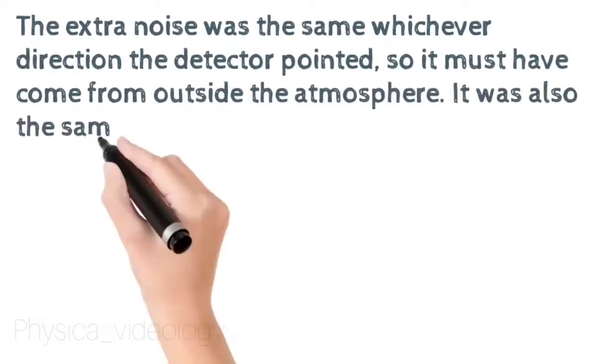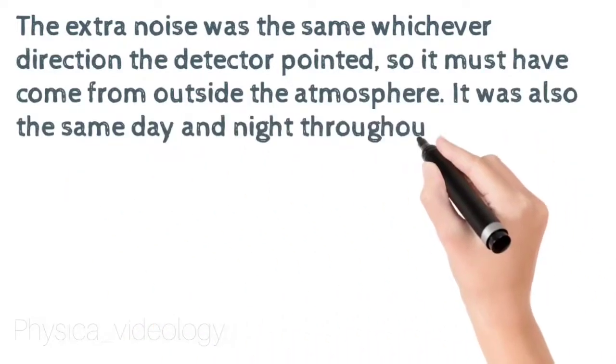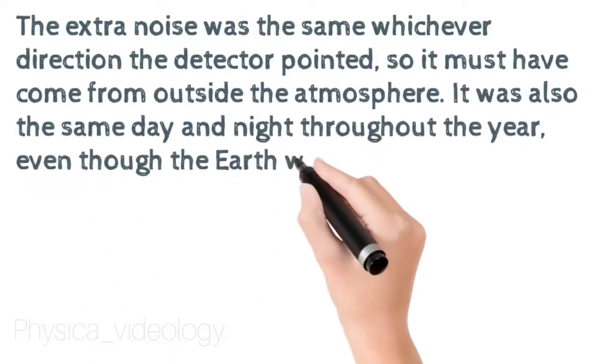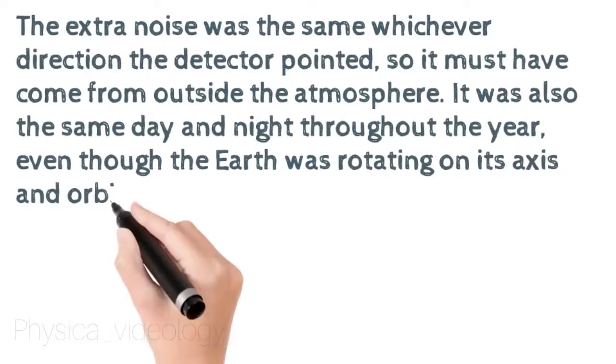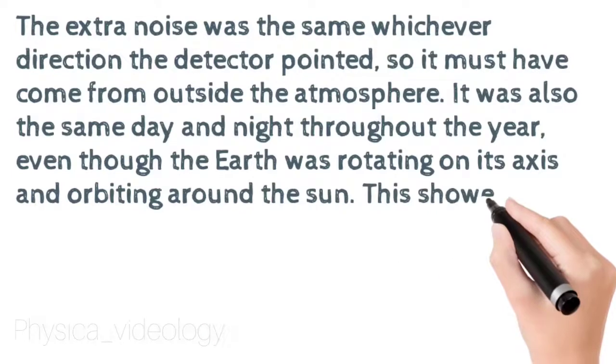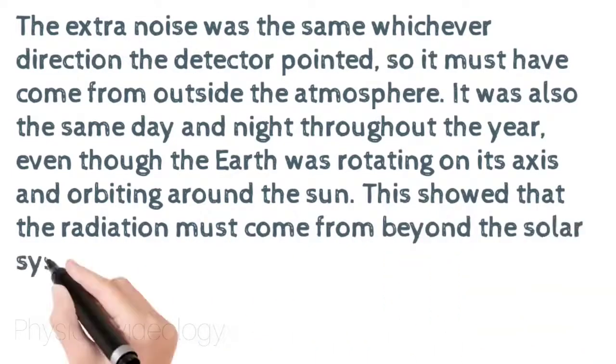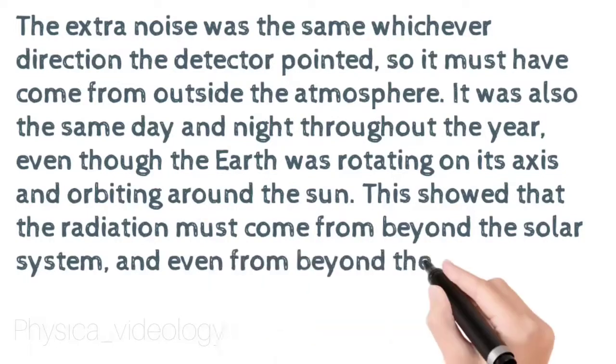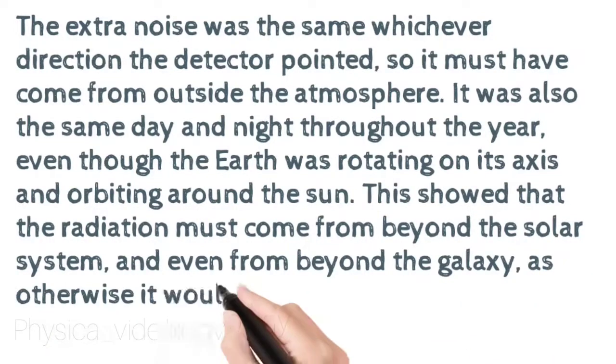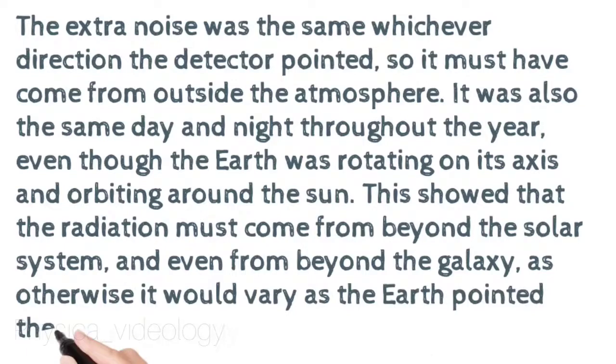It was also the same day and night throughout the year, even though the Earth was rotating on its axis and orbiting around the Sun. This showed that the radiation must come from beyond the solar system, and even from beyond the galaxy, as otherwise it would vary as the Earth pointed the detector in different directions.